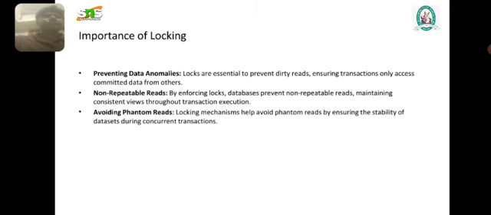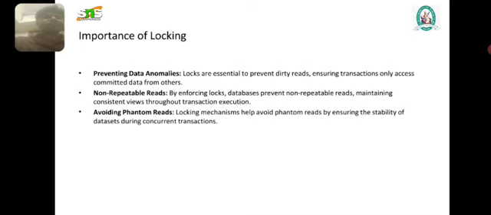Next is the importance of locking. There are three benefits: preventing data anomalies, preventing non-repeatable reads, and avoiding phantom reads. Preventing data anomalies means preventing dirty reads and ensuring transactions only access committed data from others.